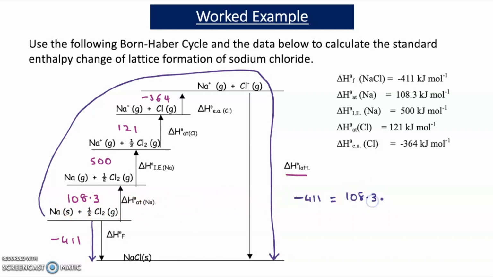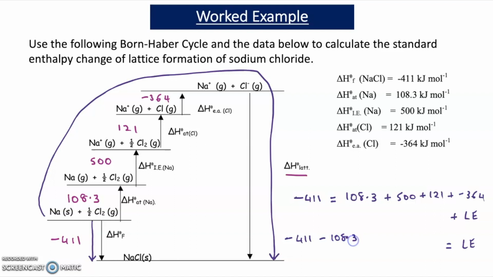I've drawn an arrow here in purple right the way around my diagram, which shows an alternative route. So minus 411 is delta HF, and that would be equal to 108.3 plus 500 plus 121 plus minus 364 plus delta H lattice, the enthalpy change of lattice formation of sodium chloride. And that's what I'm trying to find out.